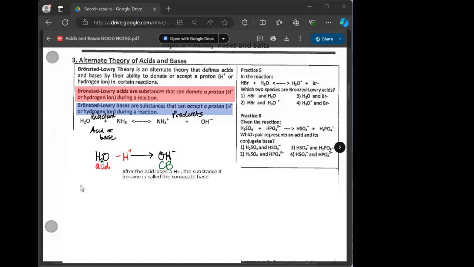Okay, now let's take a look at the other substance, the NH3. So, like I said, we pick a reactant. So, the reactant is NH3.